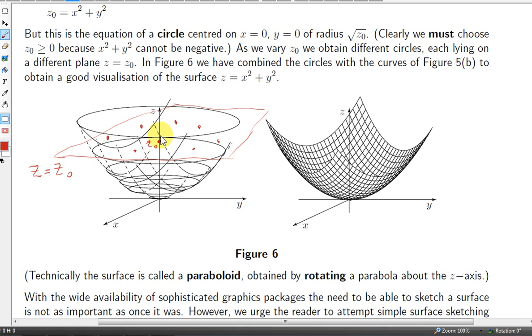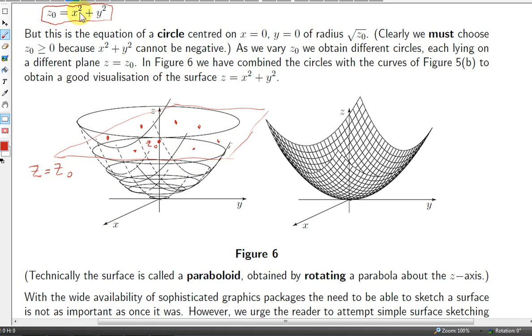It's a constant. It's equal to z0 in this case. So we are interested in points on the paraboloid that have the property that their z values are constant, z0. Those points on the paraboloid will be the intersection of this plane with the paraboloid. So we will get equations of this form here.